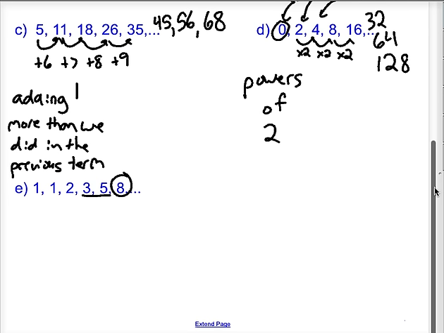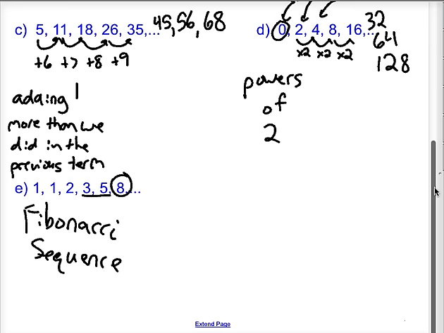This is actually a very particular, very unique sequence of numbers. It's called the Fibonacci sequence. It starts with 1 and 1, and then all you do to create the next number in the sequence is add the previous 2 numbers.